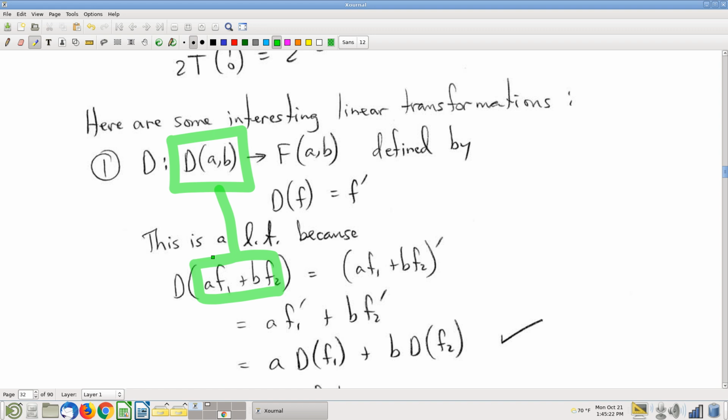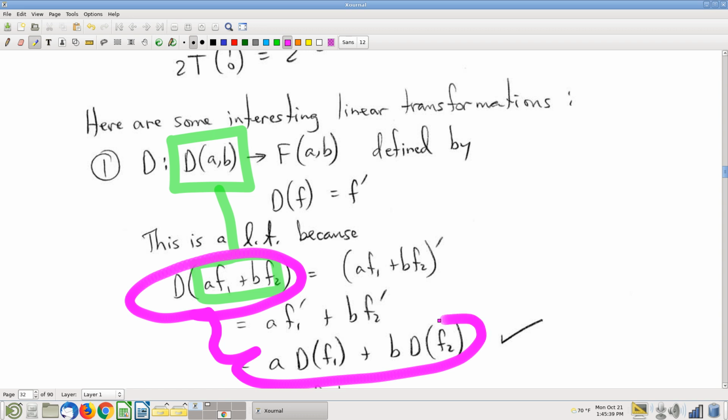Seeing what your domain is for your candidate linear transformation tells you what kinds of things you should be taking linear combinations of to check the linearity. And in order to check that linearity, of course, we need D of a linear combination of inputs to give us that same linear combination of outputs. A little calculation confirms it. Let me walk you through that calculation now, just to make sure we have the details right.